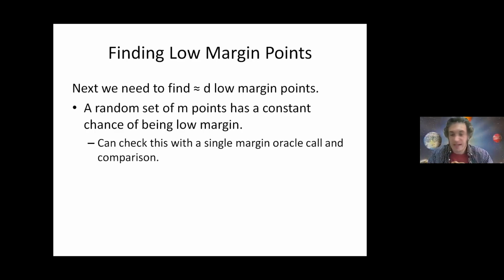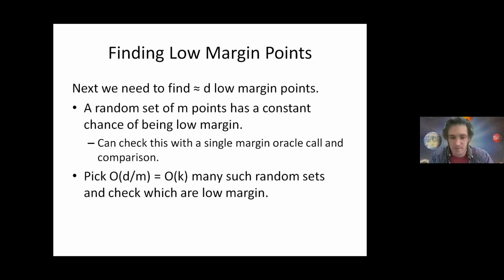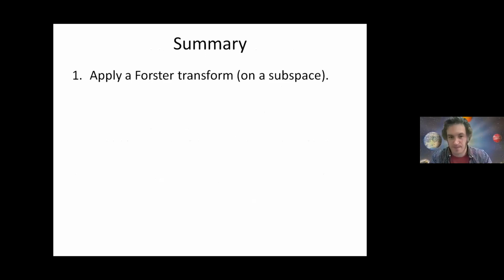And we can actually check to see whether this is the case with a single call to our margin oracle and a single comparison. And so what we're going to do is just O of K many times pick these random sets and check which ones are low margin. About half of them will be low margin. We put all of those together, and that gives us our approximately D many low margin points.